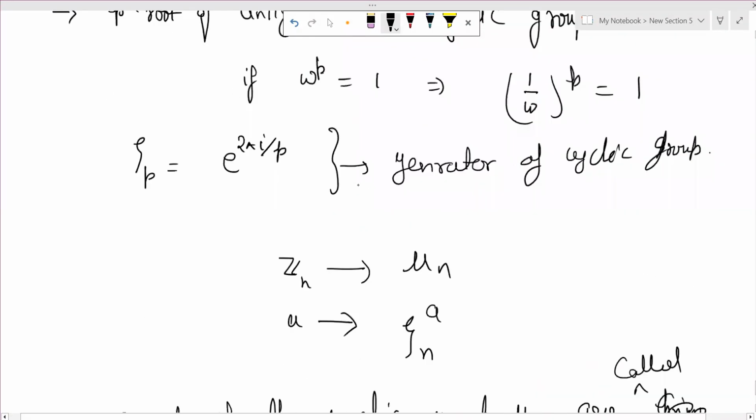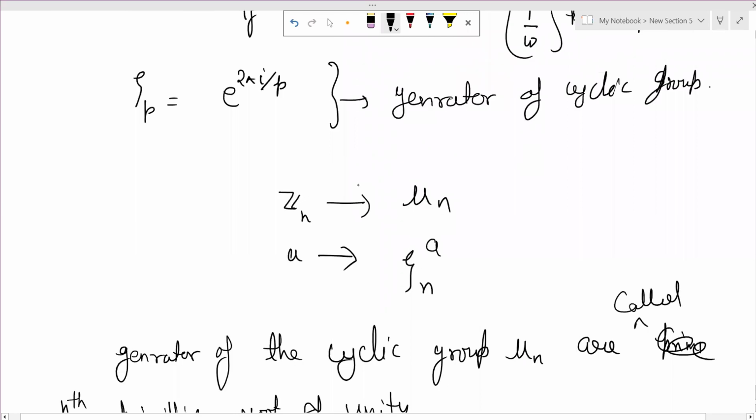So what are the generators of the cyclic group Zn? Basically, elements co-prime to n. You know this theorem, right?